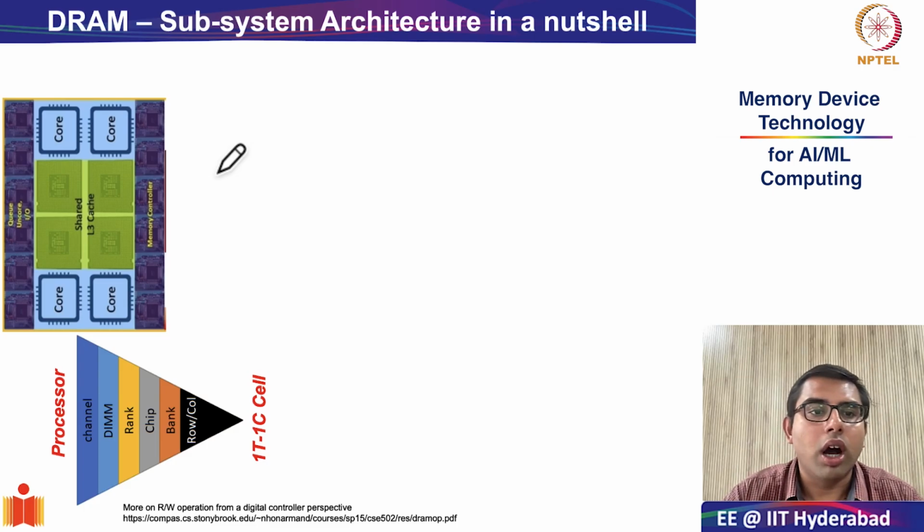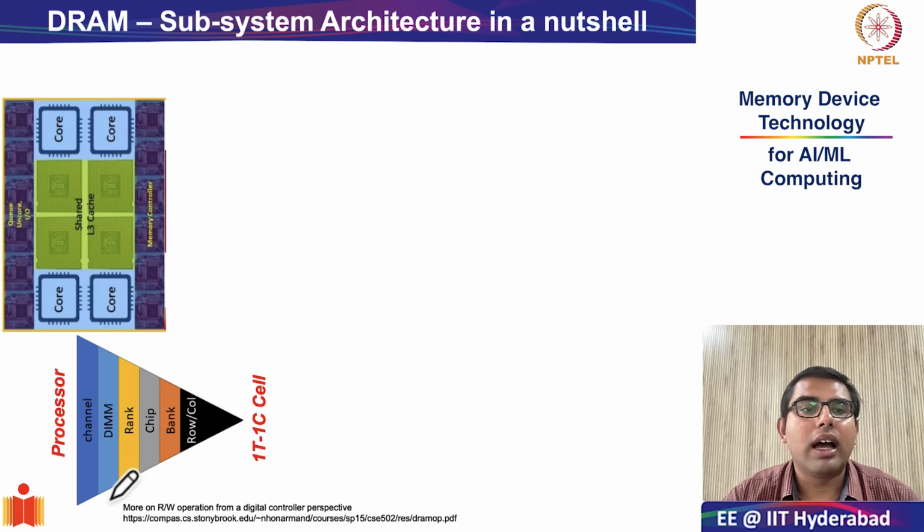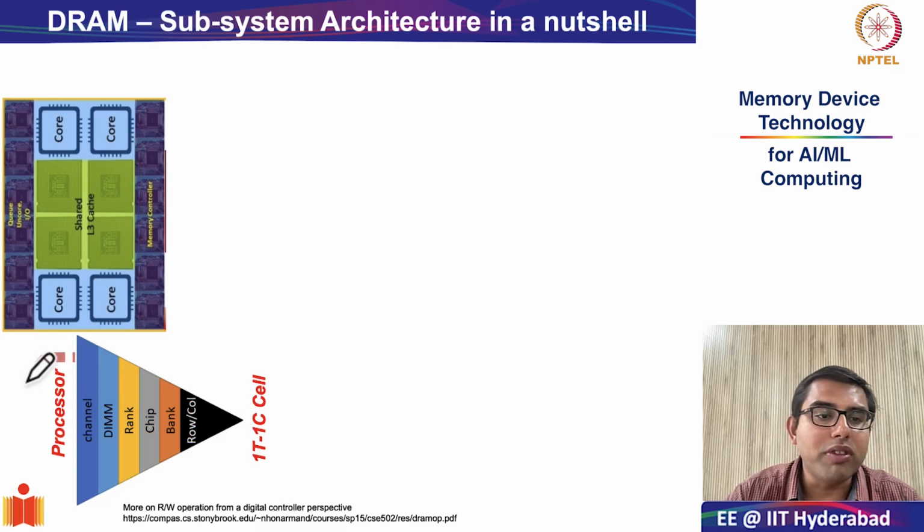In the previous class, we started from the bottom of the hierarchy. We started from the memory array and slowly moved upwards to bank, chip, rank, DIMM, and so forth. But in today's recap, let's start from the top of the memory hierarchy, which is the processor subsystem.